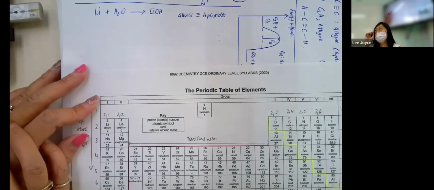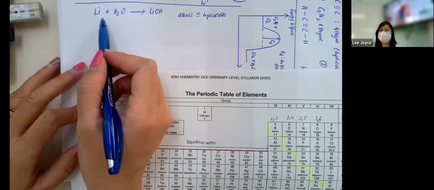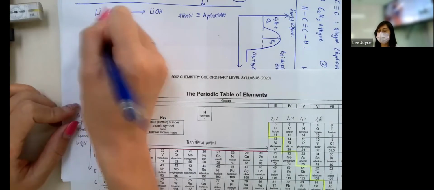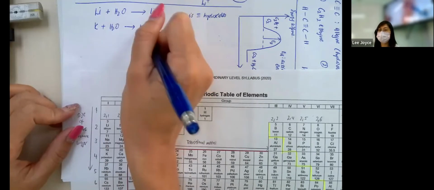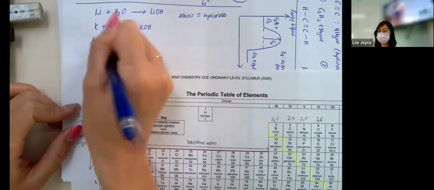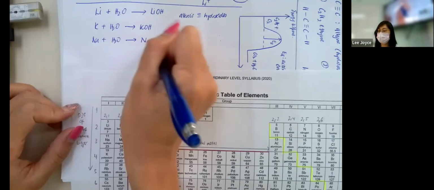Remember in the chapter on acids and alkalis in sec 2, we learned about sodium hydroxide, potassium hydroxide, calcium hydroxide. These are all examples of alkalis. When any group 1 metal dissolves in water, it forms a hydroxide: lithium hydroxide, potassium hydroxide if I have potassium, or sodium hydroxide if sodium dissolves in water.